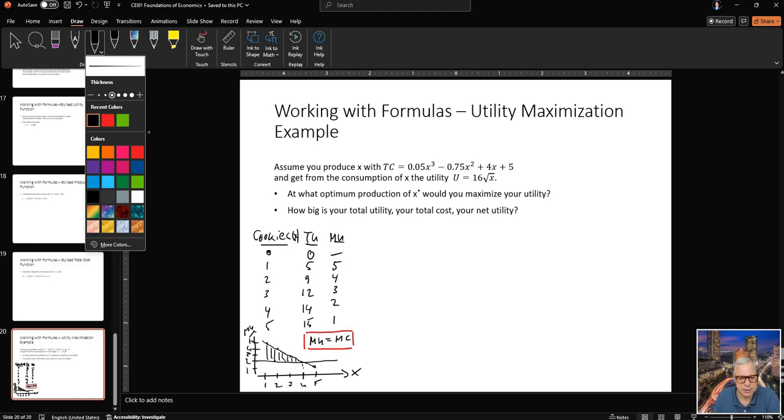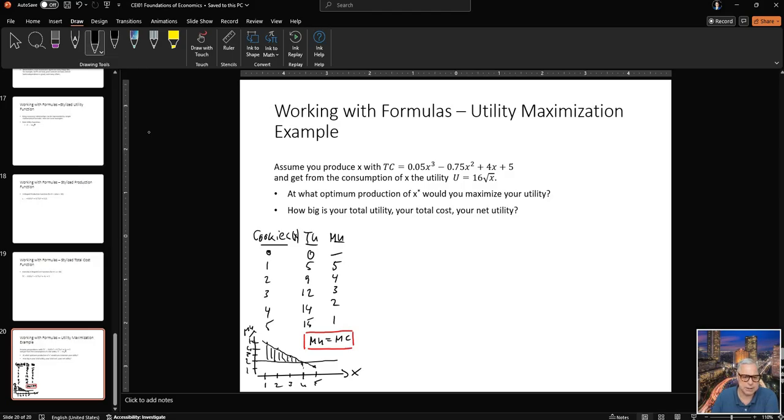But building on the same logic that I just introduced here, we now know that as long as the total utility is greater than the total cost, we will consume. Or, alternatively, as long as the marginal utility is greater than the marginal cost, we will consume. And the optimum will be where the marginal utility equals marginal cost.